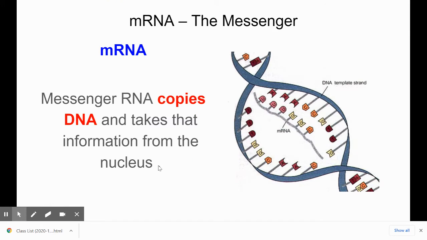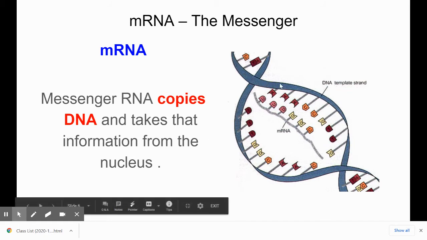So we're going to start off with a molecule called mRNA. The little m in front of mRNA stands for messenger. And just like a messenger takes a message from one person and delivers it to another person, you can think of messenger RNA as taking the message, or the information, in DNA and taking that information out of the nucleus. What we see here is our DNA strand.